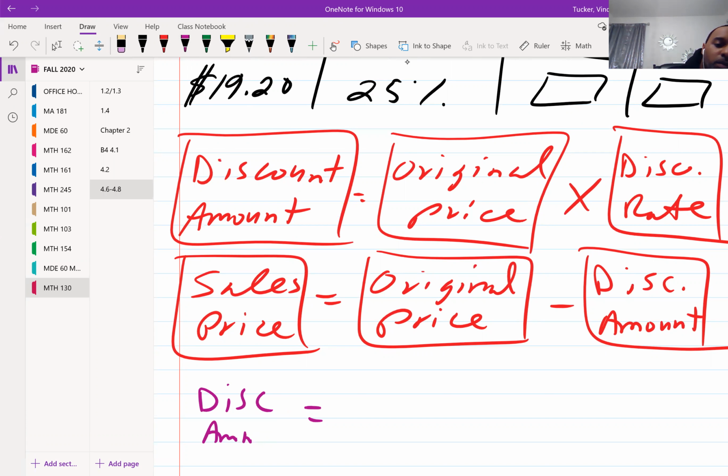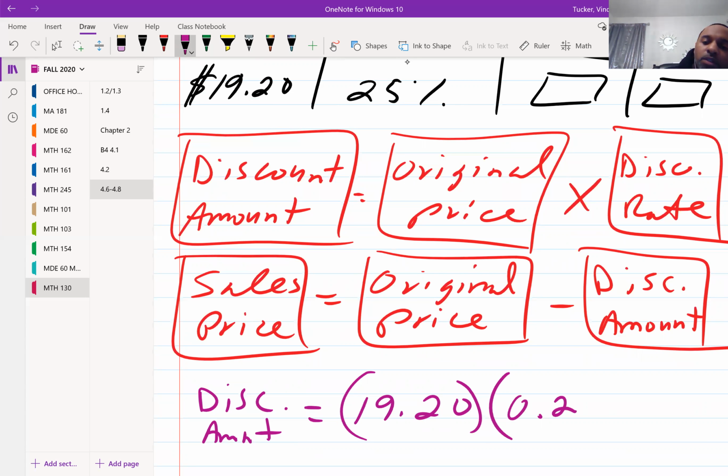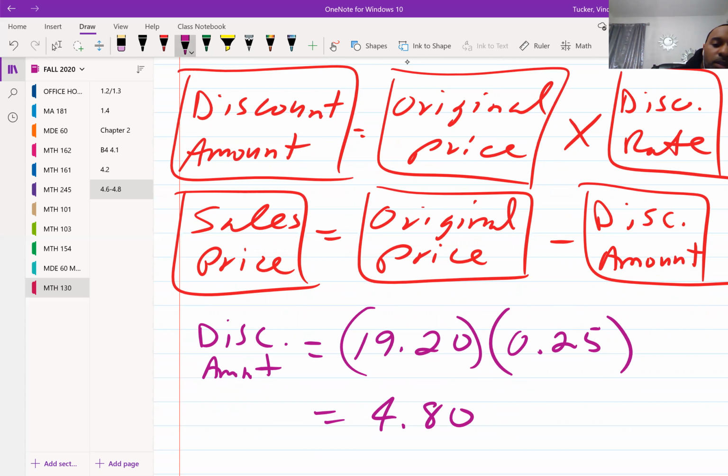All right, so to find the discount amount, our original price is $19.20. I'm going to multiply that times the rate of 0.25. So that's 4.8, but once again, since we're dealing with cents, $4.80.